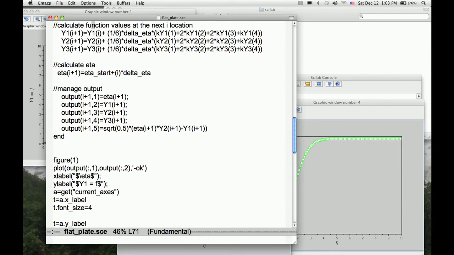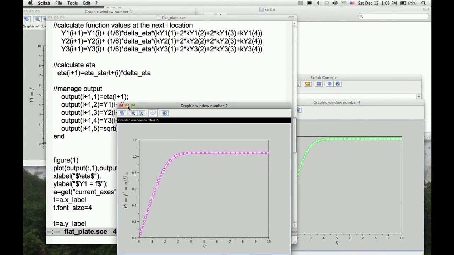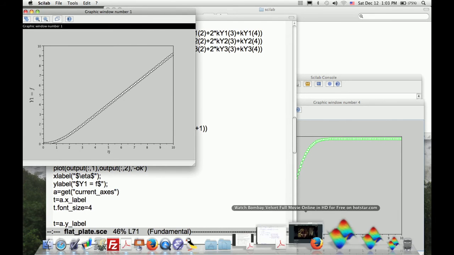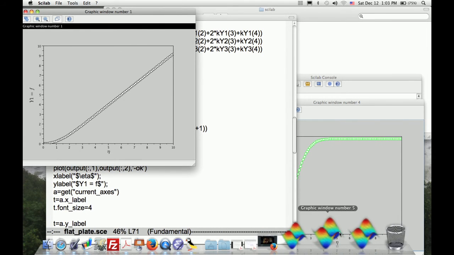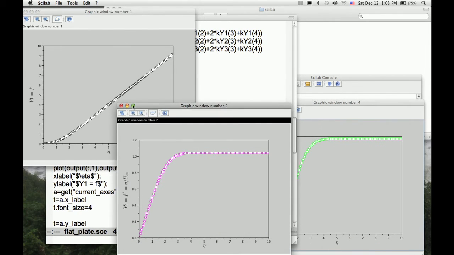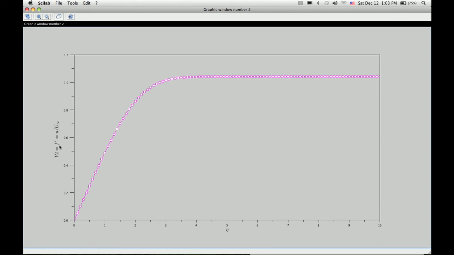Now how does that help you? The reason it helps is because of my horizontal component of velocity. If I know f dash, it basically means I know the value of velocity u, because f dash is nothing but u by u infinity. Therefore, this does give me a value of the velocity. If you see, this is eta.